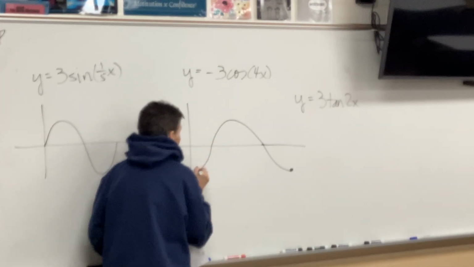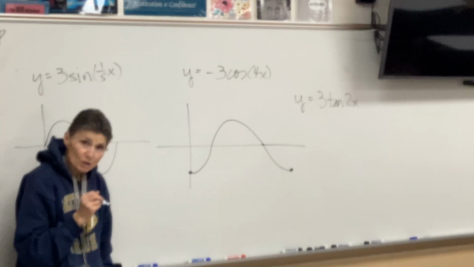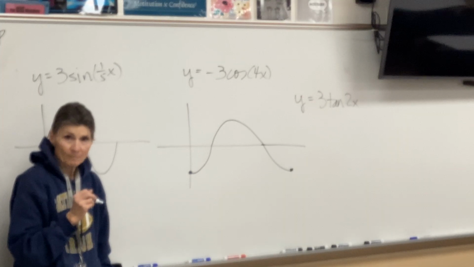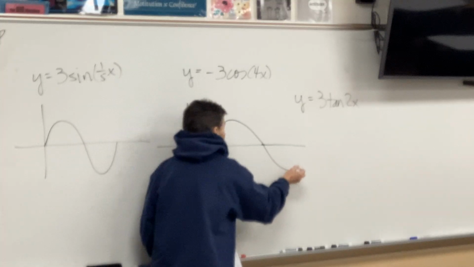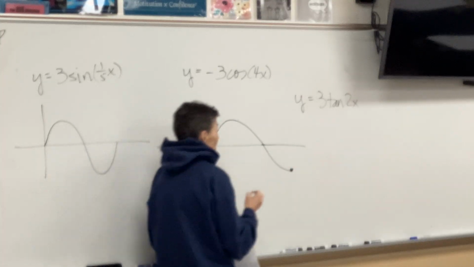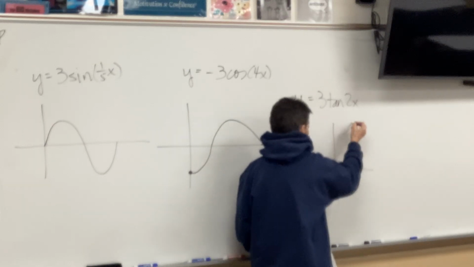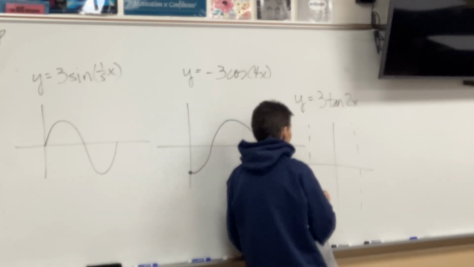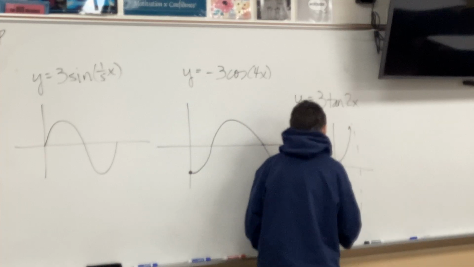Now make sure that when you draw your cosine, you are finishing where you started. So since we started at the bottom of the valley, we're going to end at the bottom of the valley. And then we've got our tangent, which we know is 2 asymptotes and a squiggly line up through the origin.